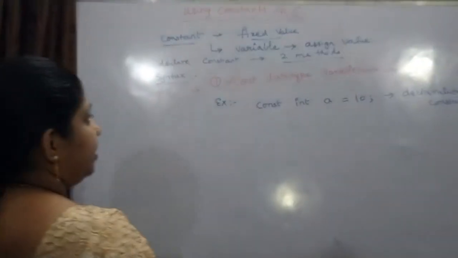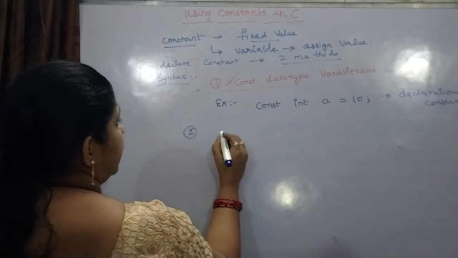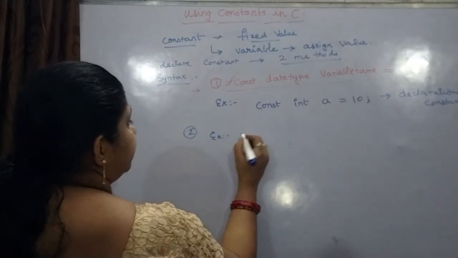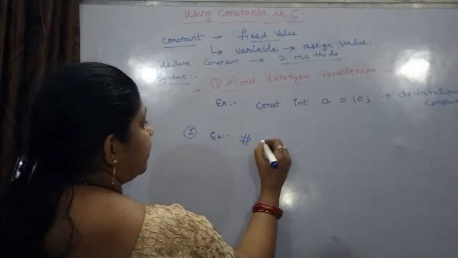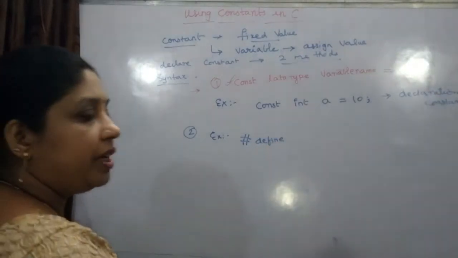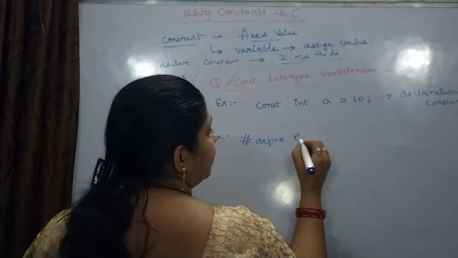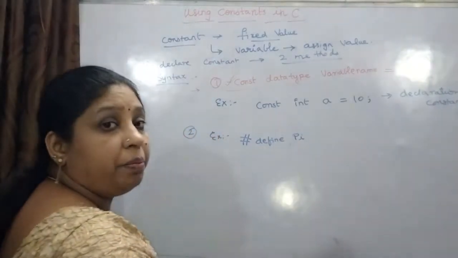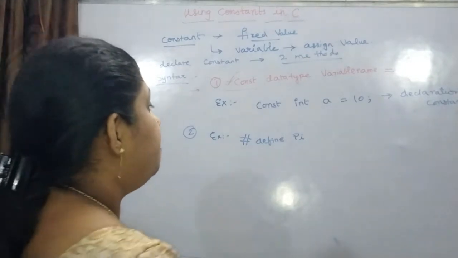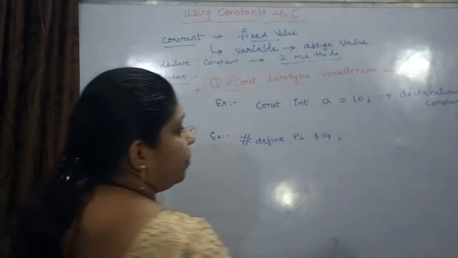Now the second method. For example, hash define. Now what do you want to declare? Suppose for example I will take pi. What is pi? You know, pi is 3.14.